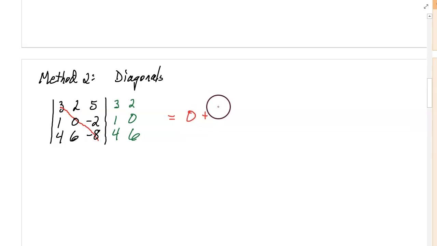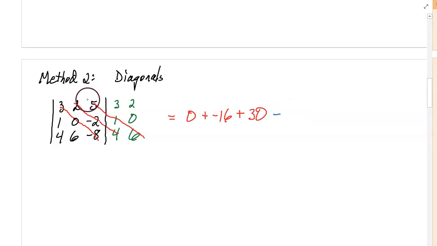Now we're going to add. Now the next diagonal, 2 times -2 times 4. That's -16. Now we're going to add in our third diagonal, which goes down to the right, 5 times 1 times 6. That's 30.